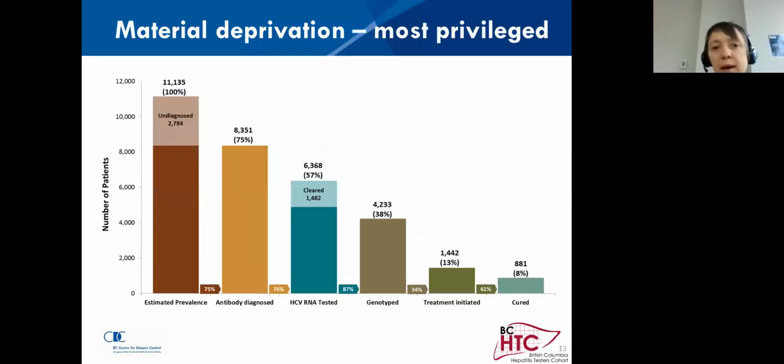Then just to get a better picture, I also decided to stratify the data into the deprivation indices, so the material deprivation indices and the social deprivation indices. The material deprivation index is based on employment rate, income, and education rate of the area where the person lives.